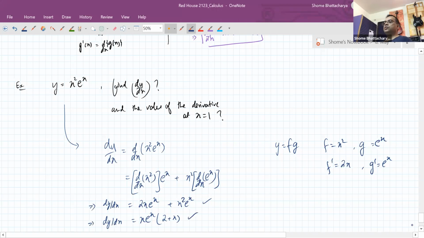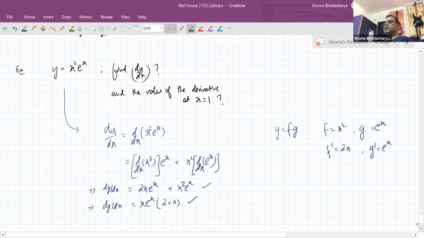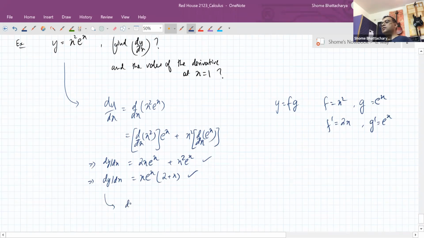Both these steps are equally okay. So we can see that the value of dy by dx at the point x equal to 1 just becomes 3e. So that becomes the answer to this part.